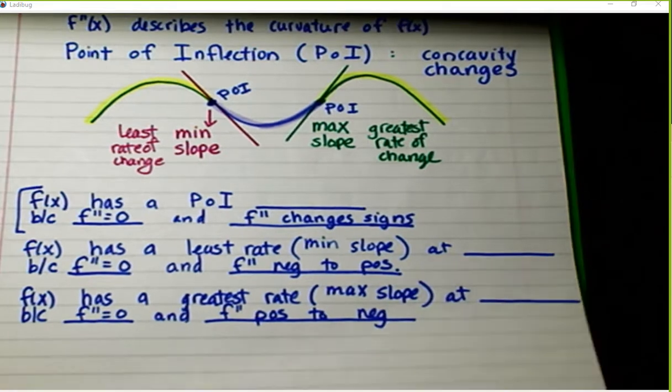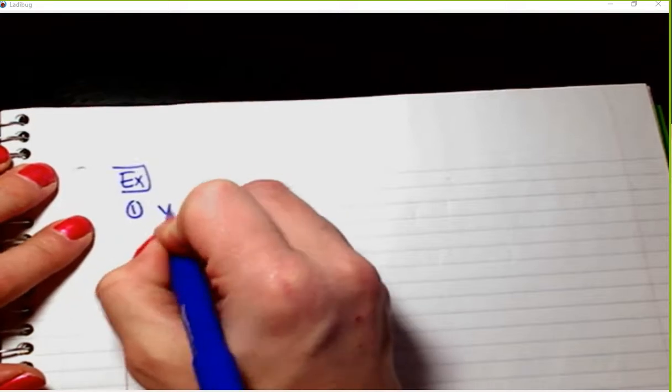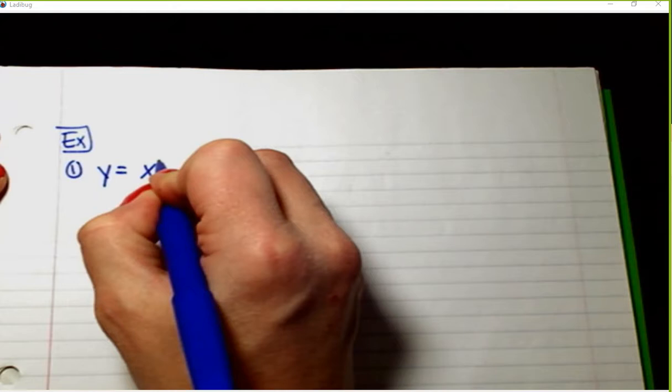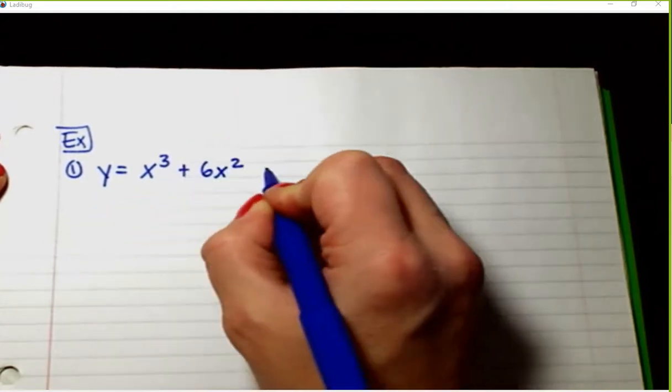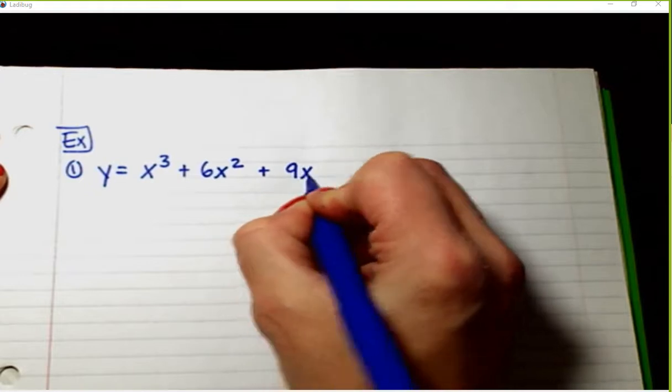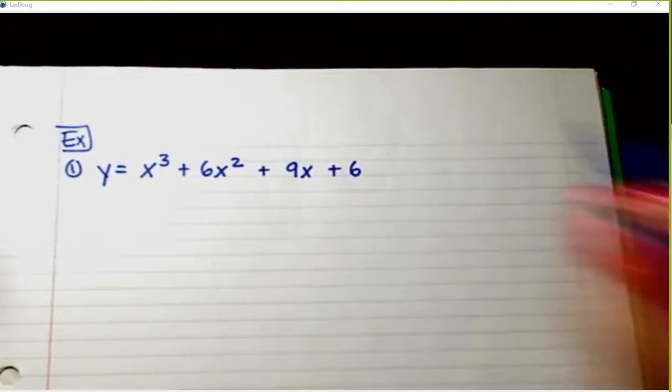Okay, here we go. First example. Y equals x cubed plus 6x squared plus 9x plus 6.